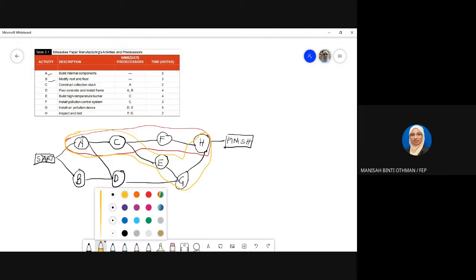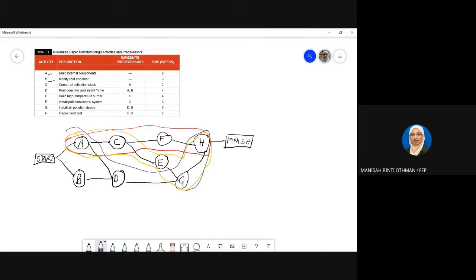Next we have A, D, G, and H. This is the third path, from start until finish.